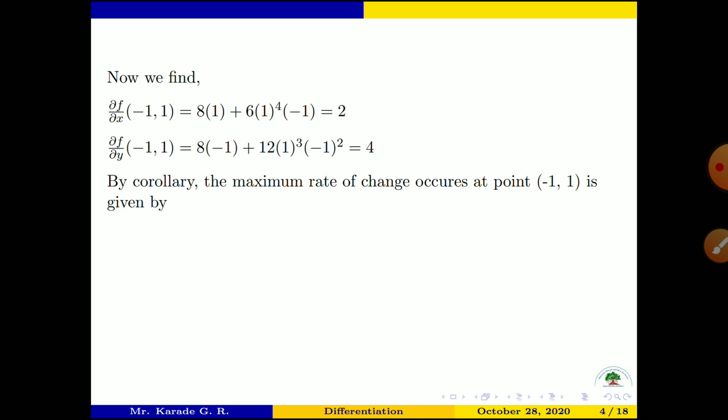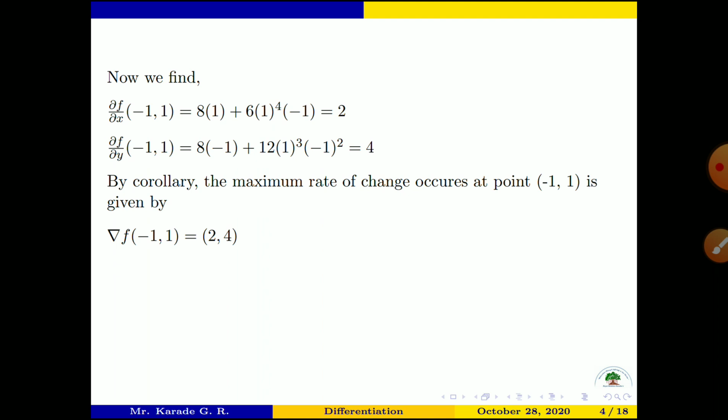So by the corollary, the maximum rate of change at point (-1, 1) is given by the gradient of f at point (-1, 1), and it is equal to (2, 4).